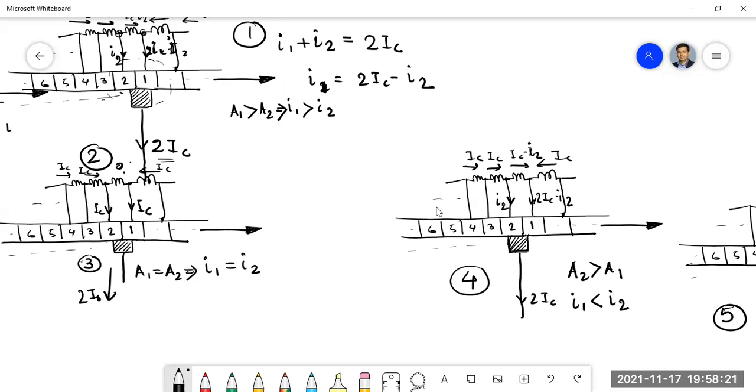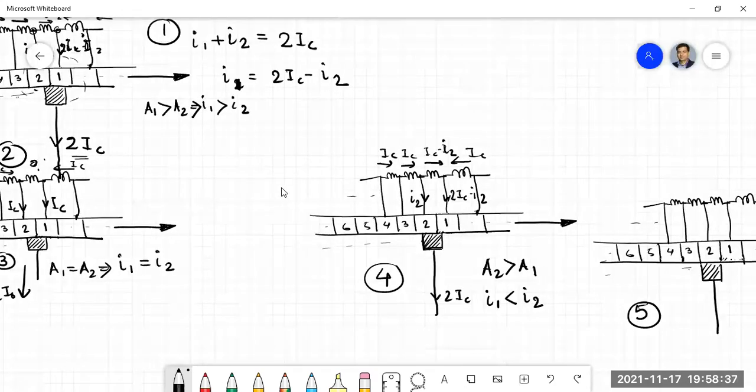Okay, but what is the actual value of that? Whether that is positive or negative depends on the value of I2. Here, as I2 is high, actually we'll get a negative, and the actual current will flow from right to left.